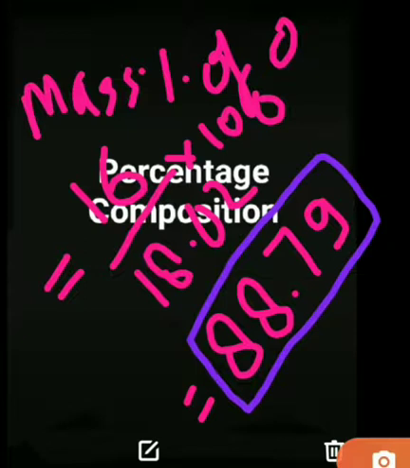So for a known compound also, such information provides a check whether the sample is pure or not. Suppose anybody is saying this is a pure form of water. If you check its percentage composition and you see that there is only 80% oxygen, then the sample is basically not right, it is not pure. So you can check this.